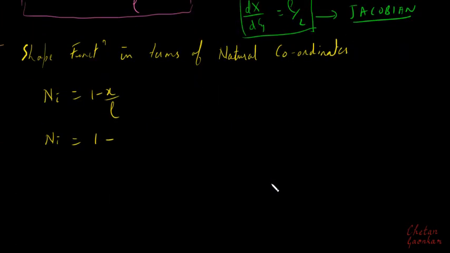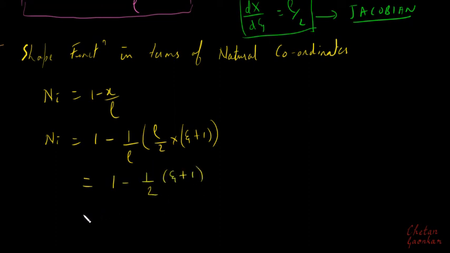If I substitute this in place of x and start rearranging, the L and L will get cancelled out, so this will become 1 minus half of (xi plus 1). And if I further simplify, subtracting this half from 1, finally I get 1 minus xi by 2. So this is the shape function in terms of natural coordinate.